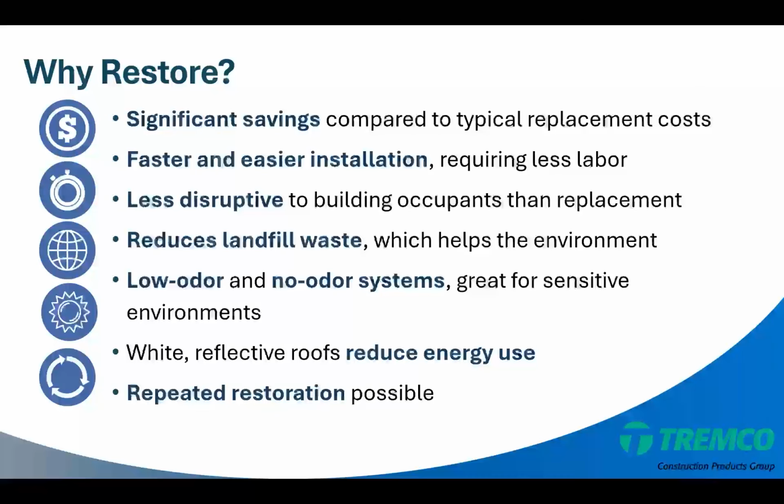So in looking at why you would restore a roof, there's significant cost savings and also other significant aspects. This is savings compared to typical replacement costs, and we'll go through some specific examples in a few minutes to detail what those replacement costs versus restorations can be.